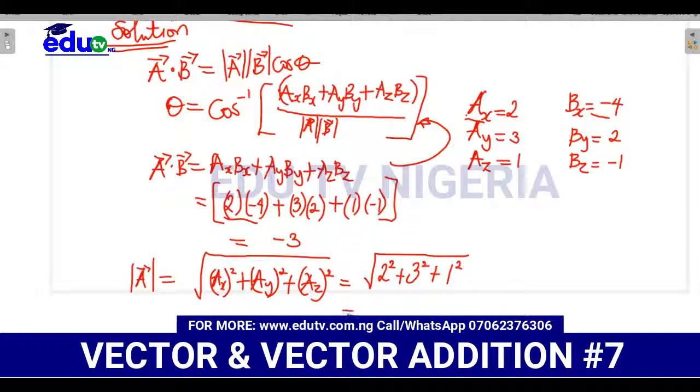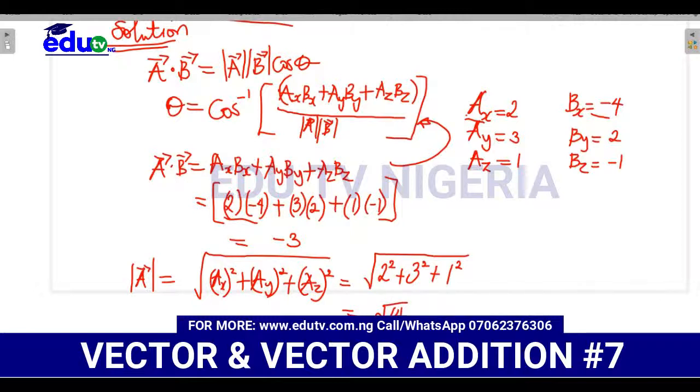What would that give us? 2 square is 4, 3 square is 9, plus 1. 4 plus 9 is 13, and 13 plus 1 is 14. You will now have the square root of 14 here.